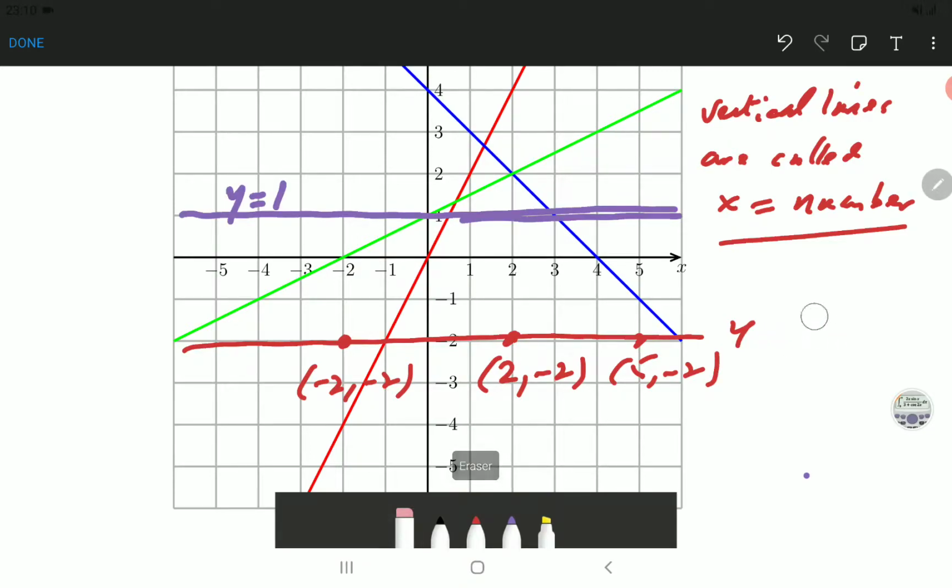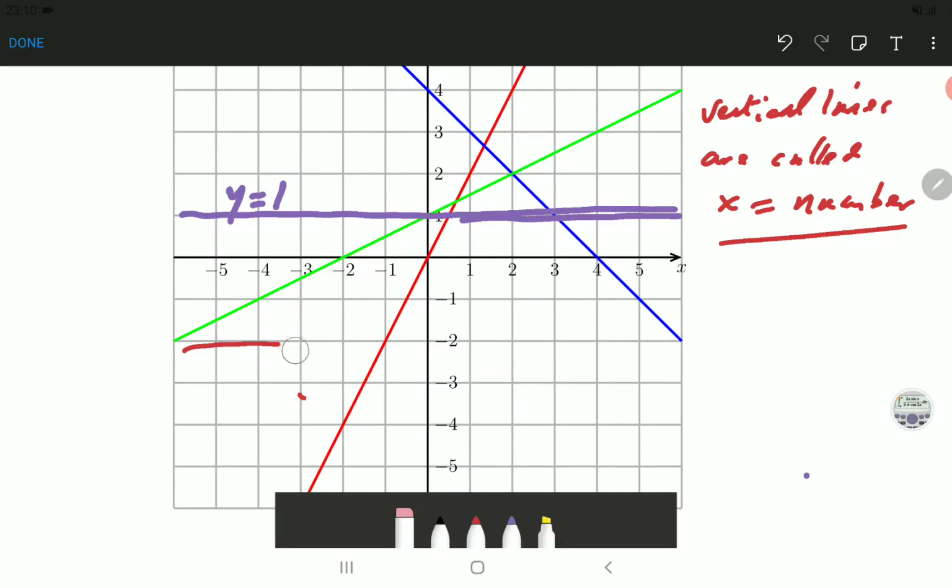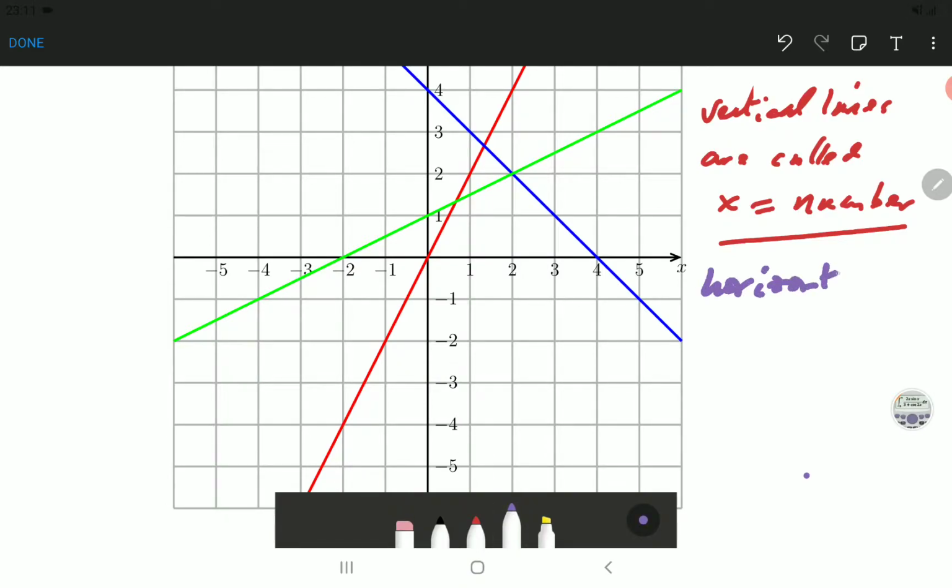Okay, so from this one we can state and conclude that all horizontal lines are called y equal to some number.